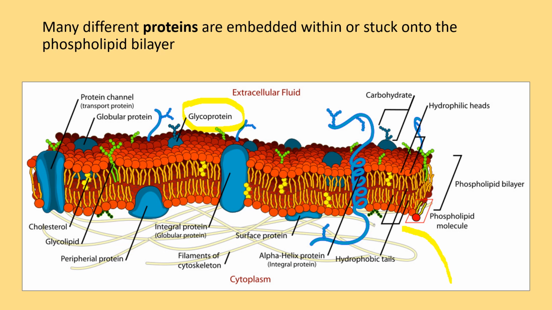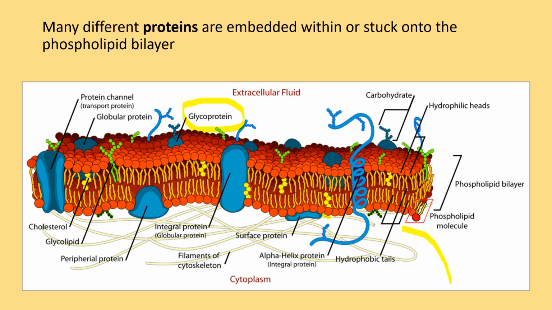We can also use this drawing to look at the relationship between proteins and their location relative to the phospholipid bilayer. Some proteins are associated with just one side of the membrane, and they're called surface proteins.